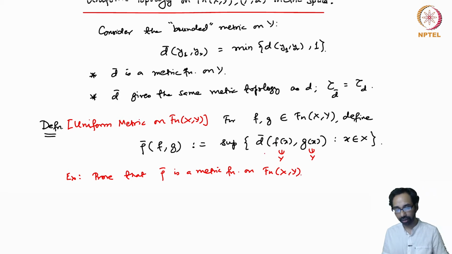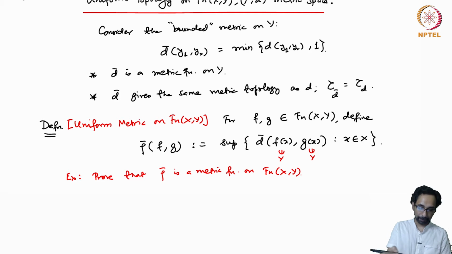Using the fact that d bar is a metric, you can show easily that rho bar is also a metric. Okay, so now that we have a metric, we can define a topology induced by that metric, and this is the so-called uniform topology.